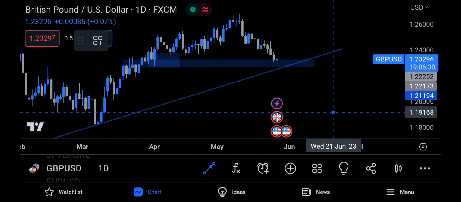Let me write it very well. Sell side liquidity. Okay, so that's our sell side liquidity.